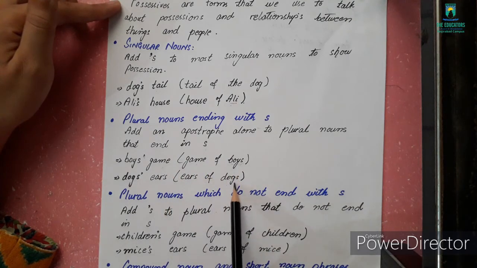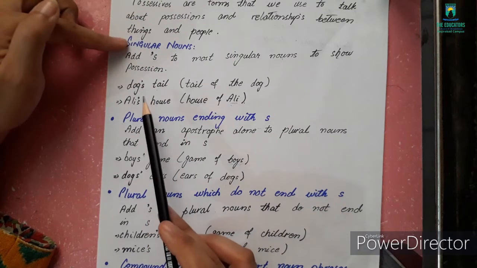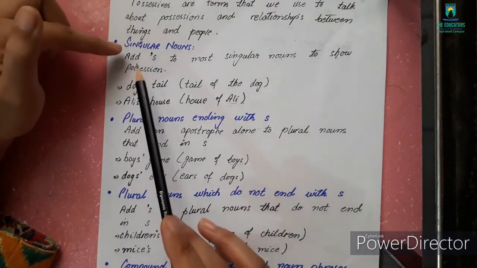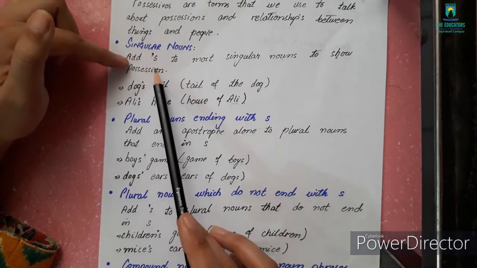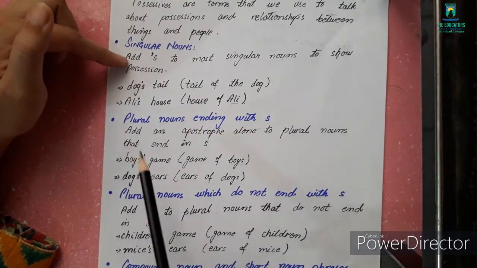Dogs is plural here, so I will not write apostrophe s, I will simply add an apostrophe: dogs' ears. Understand? For singular nouns we add apostrophe s, and for plural nouns which end with s, we will simply write an apostrophe.